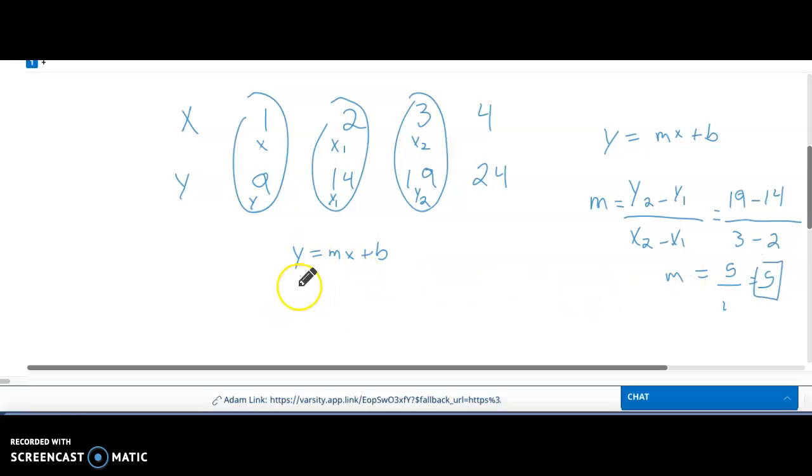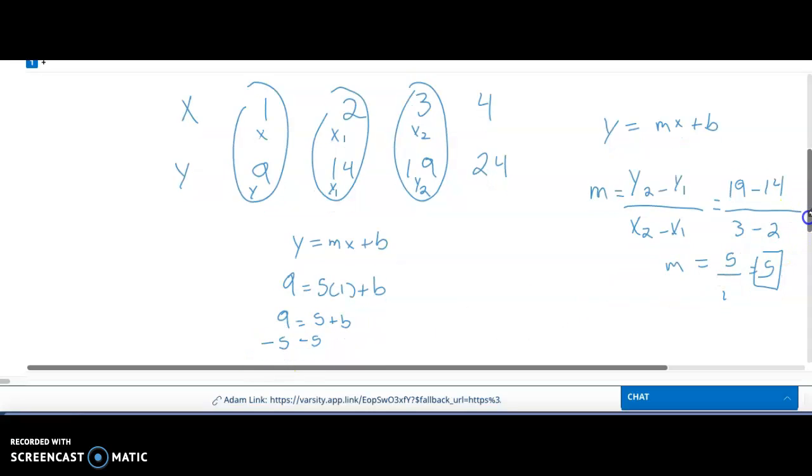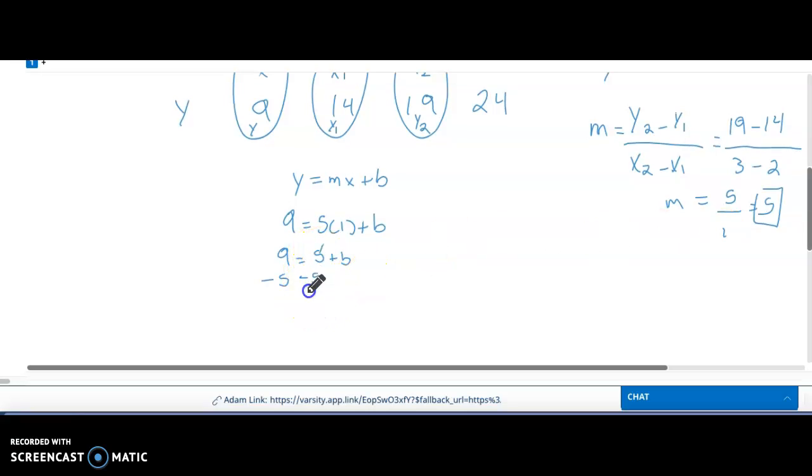So when I plug those into my equation, it's going to be 9 equals 5 times 1 plus b, which is 5 times 1, which is 5. 9 equals 5 plus b. Then you're going to subtract 5 on both sides. 4 equals b.